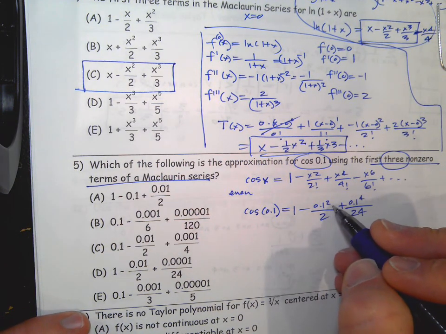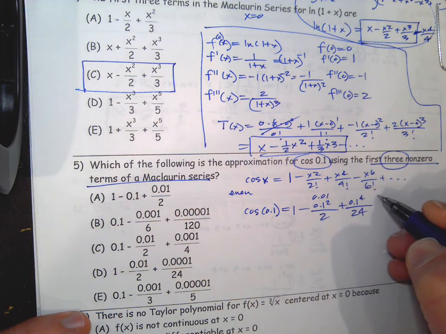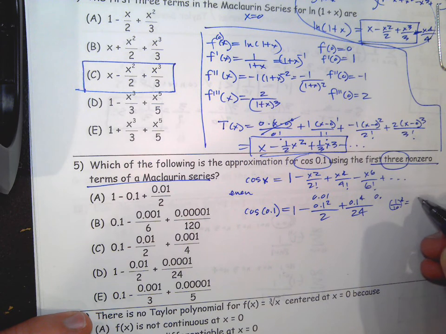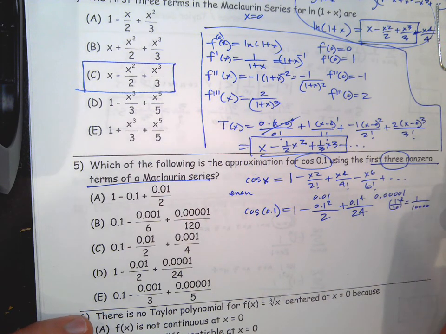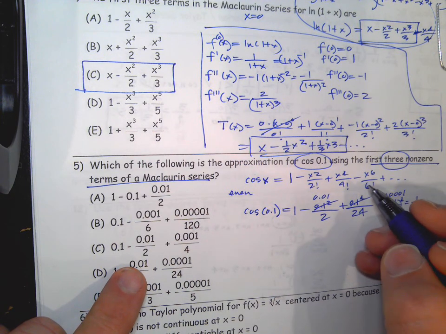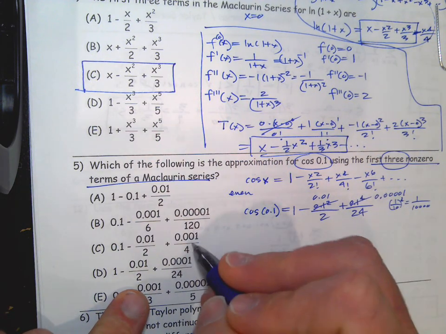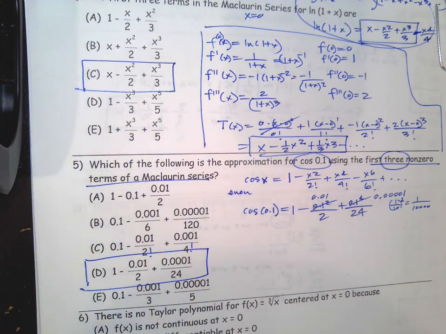Now 0.1 squared is 0.01, right? 0.1 to the fourth is essentially 1 over 10 to the fourth, so it's going to be 1 over 10,000. So tenths, hundredths, thousandths, ten-thousandths. That's what this is. So we're looking for 1 minus 0.01 over 2, plus 0.0001 over 24. These others are missing the factorials. So I think this is it right there.